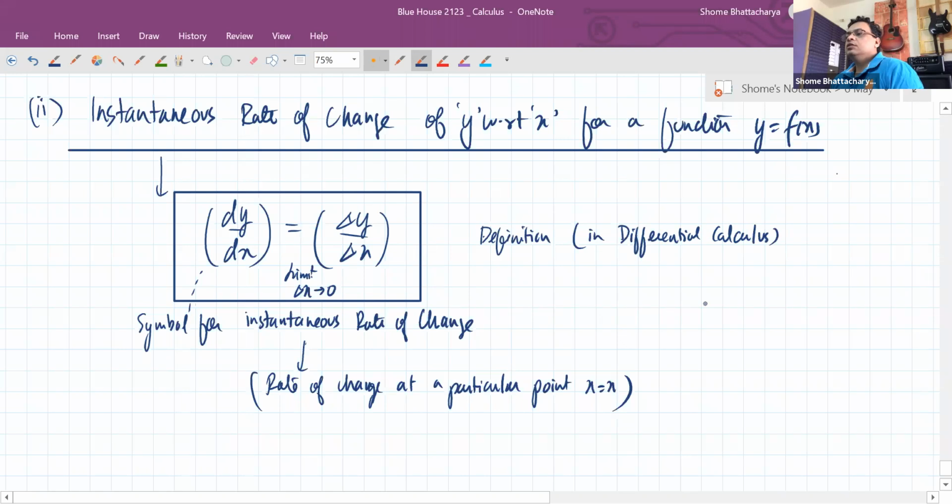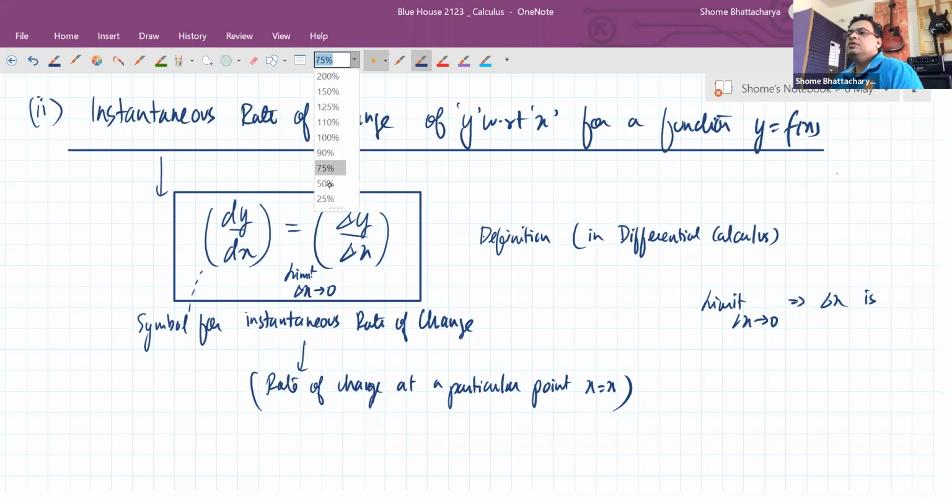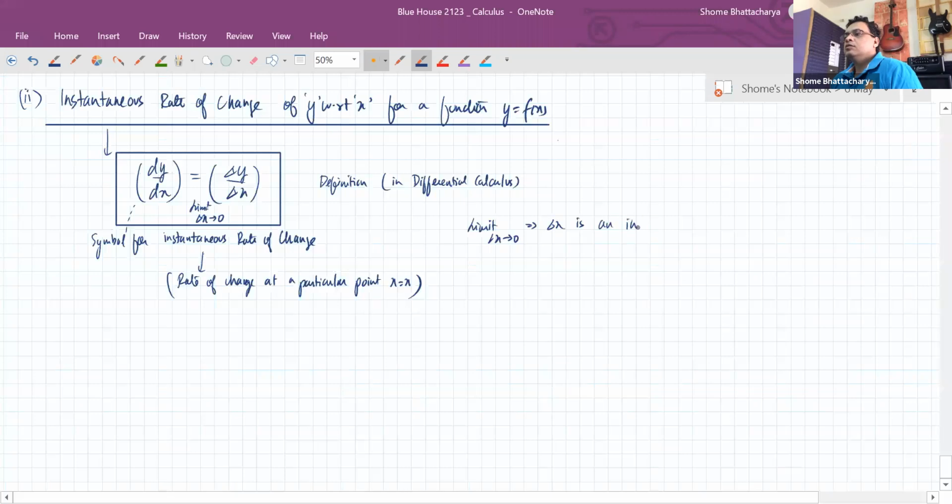So the meaning of this term here, limit delta x tends to 0. What this means is that delta x is what we call an infinitesimal interval, or another word for it is a differential change in x.